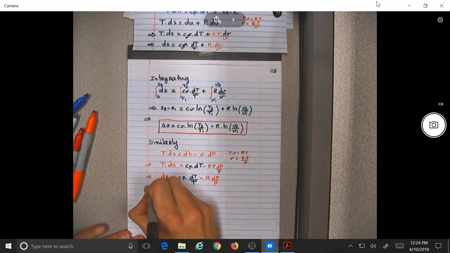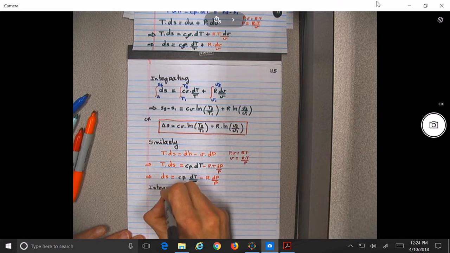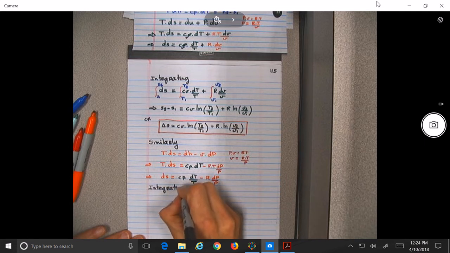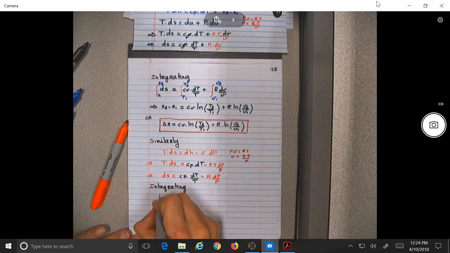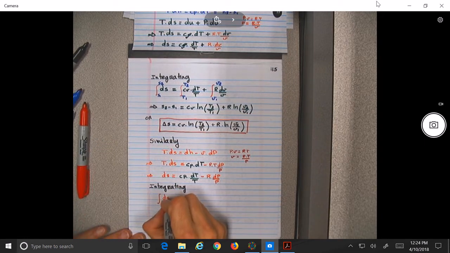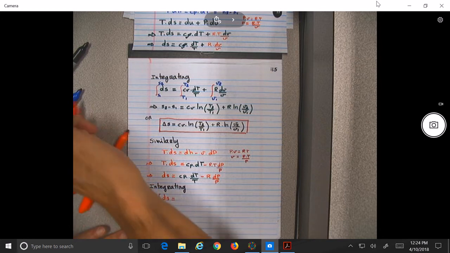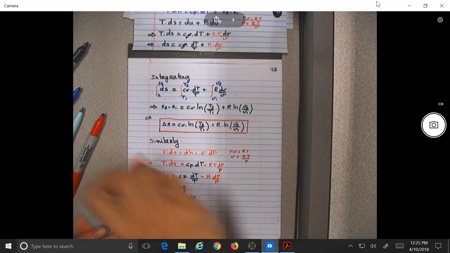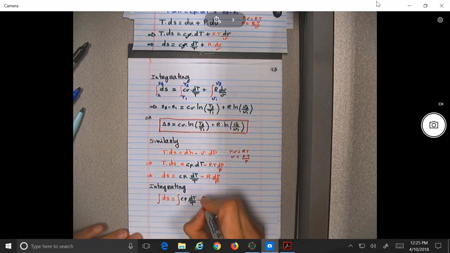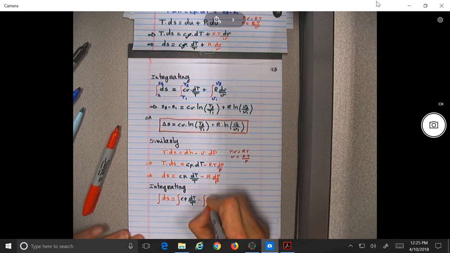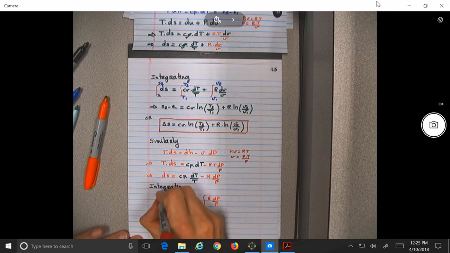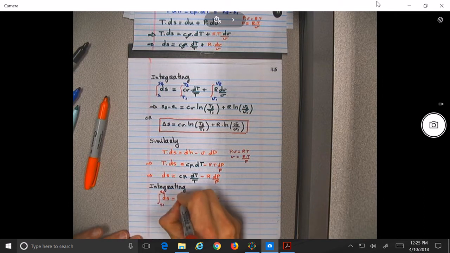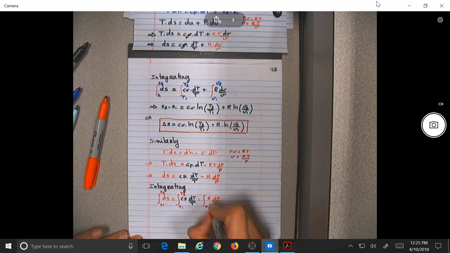So if we integrate, we get ds equals to Cp dT over T minus the integral of R dP over P. I do the same as before, S1, S2, T1, T2, but this time it will be P1, P2.